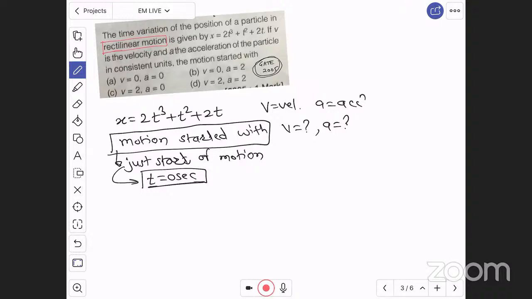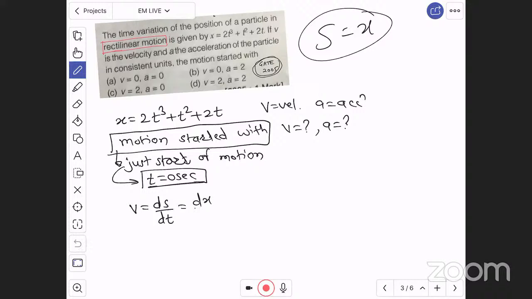Right. Now, what is the basic relation? What are the basic equations? Velocity is nothing but change in displacement with respect to time, ds by dt. Now here s is given as x, linear displacement is represented by x, therefore it is written as dx by dt.